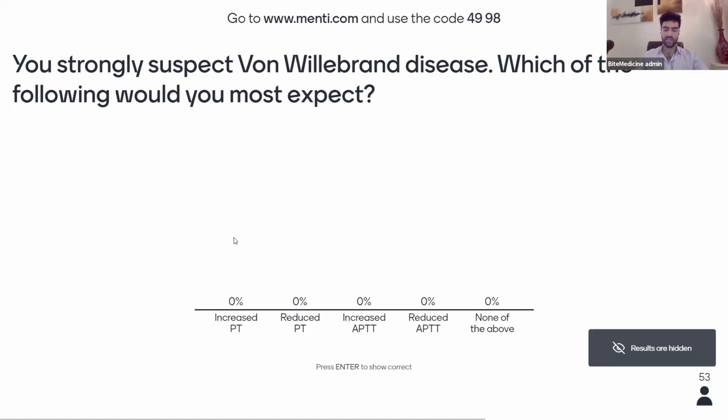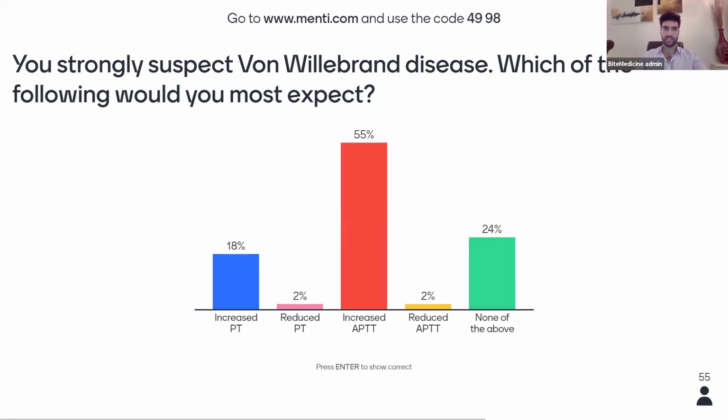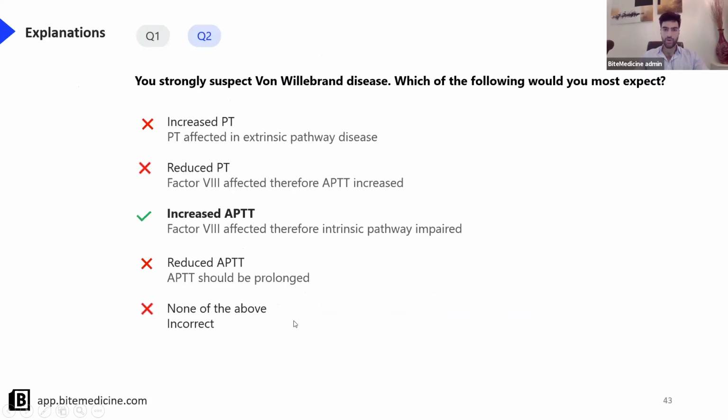Okay, increased APTT. Good, that's the correct answer. Let's have a look at why that is. In von Willebrand disease, you lack von Willebrand factor. If you lack von Willebrand factor, you cannot stabilize factor VIII.